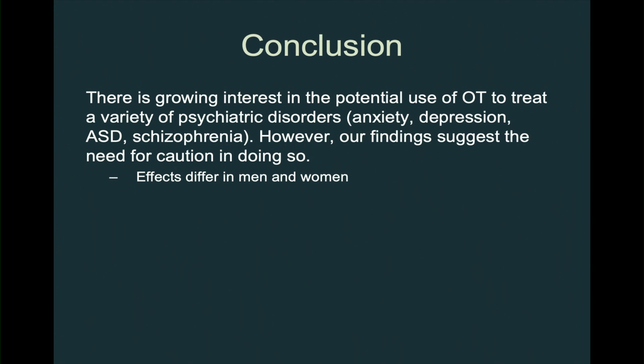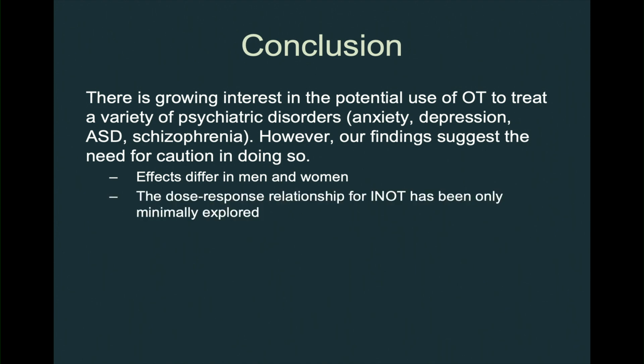So you can imagine, a lot of people have talked about there being deficits in social motivation and social reward in autism. Our data would suggest that using oxytocin in men who have autism is probably a reasonable strategy, but using it in women might not be, and it might actually be harmful. So we need to think about that.